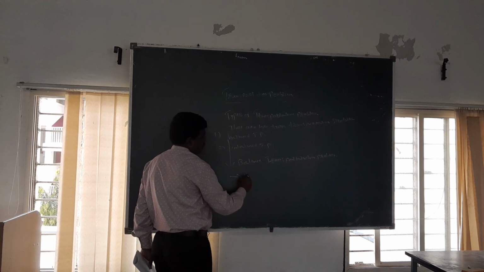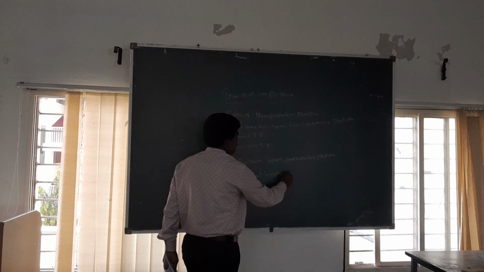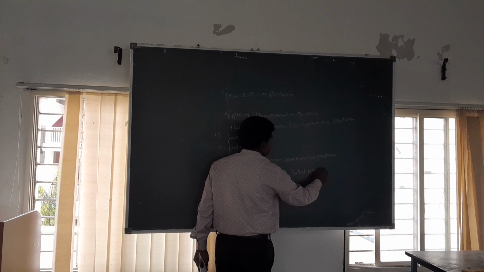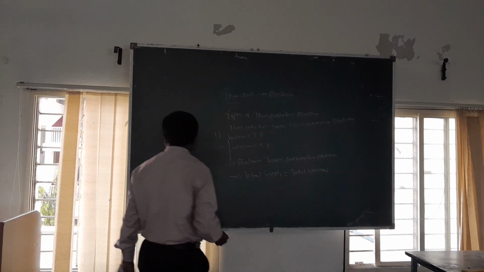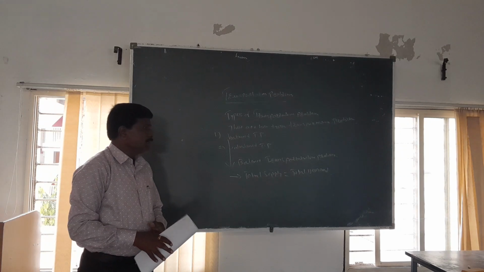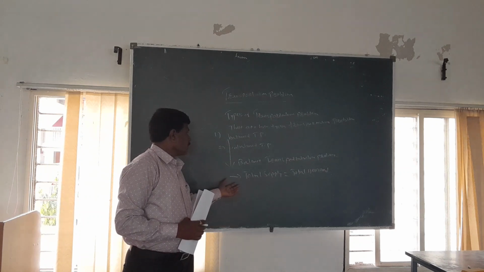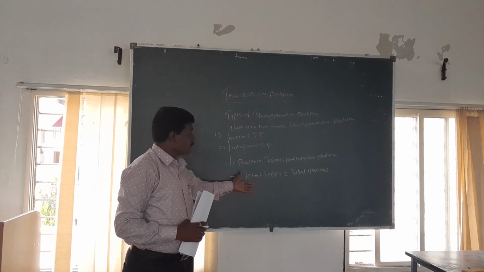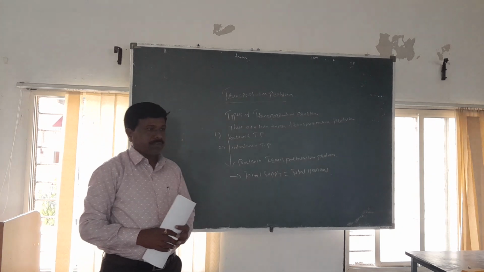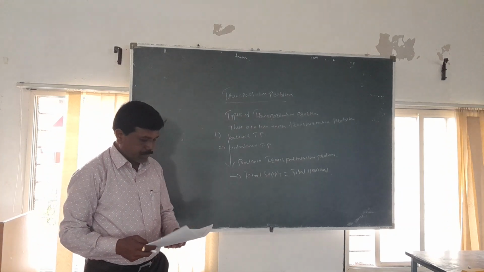Total supply equal to total demand. Total availability equal to total requirement. That is, total supply at the source equal to total demand at the destination is called the balanced transportation problem.